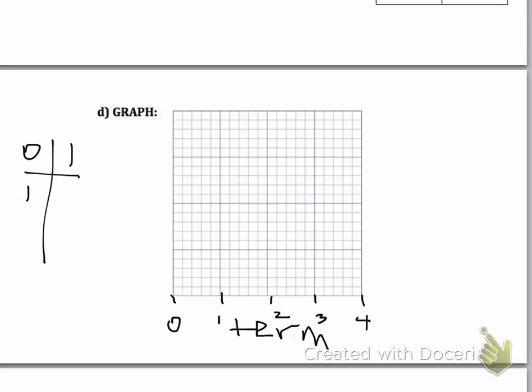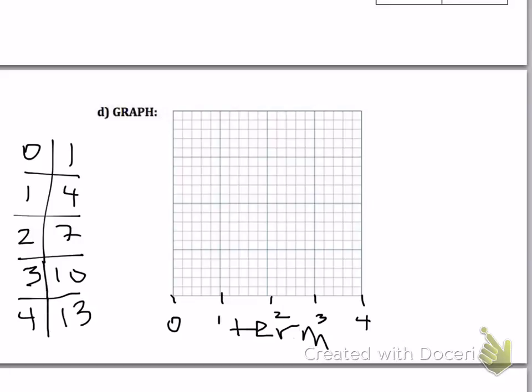Okay, so for graphing, this might be tricky because I'm having a hard time controlling the drawing on here. But basically, this is going to be your term, just like we were graphing from the table. So this is going to be 0, and then we had 1, 2, 3, and 4. And if you remember, that was 0, 1, and then we had 1, 4, and then we had 2, 7, 3, 10, and 4 was 13, if I remember correctly.